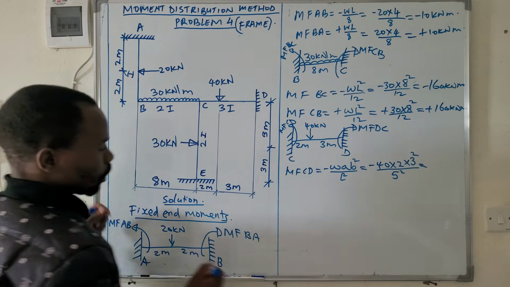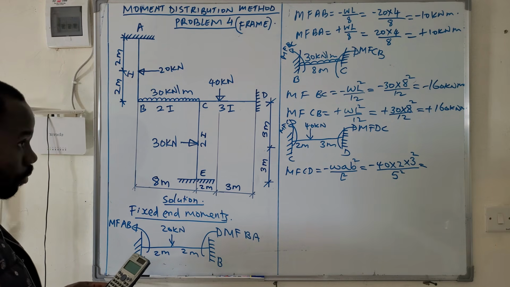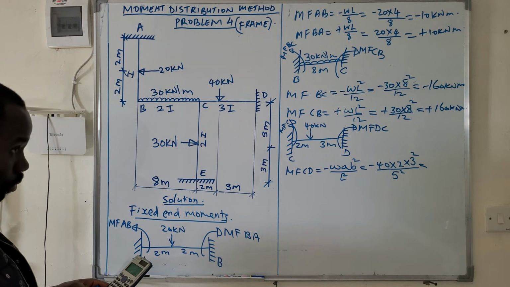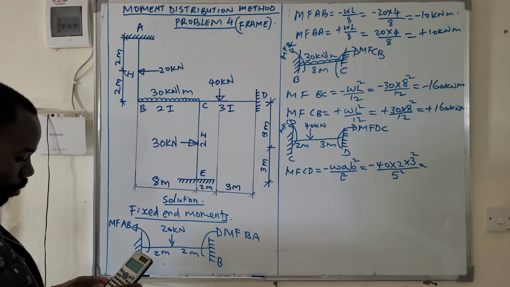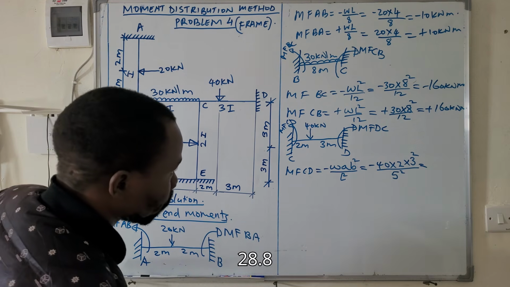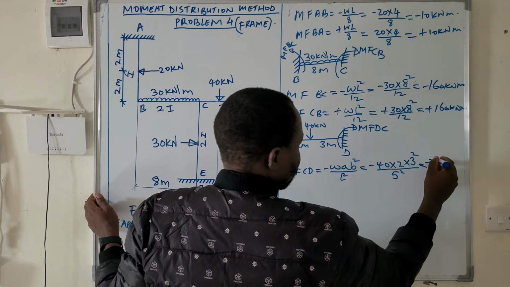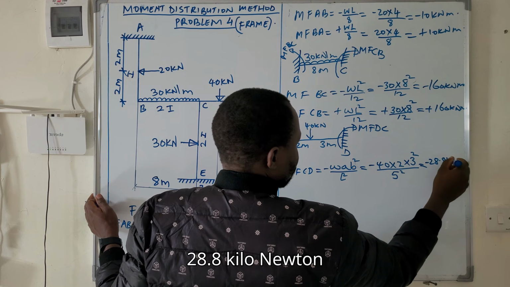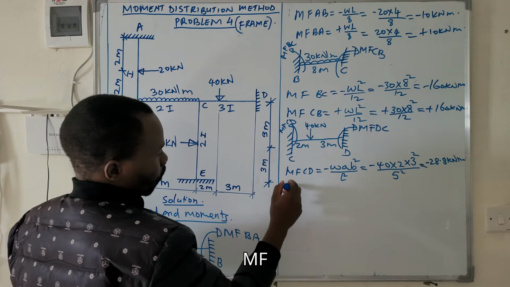So the answer is negative 28.8 kilonewton meter.